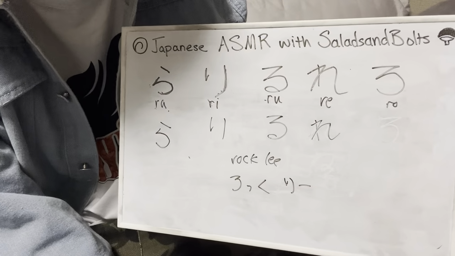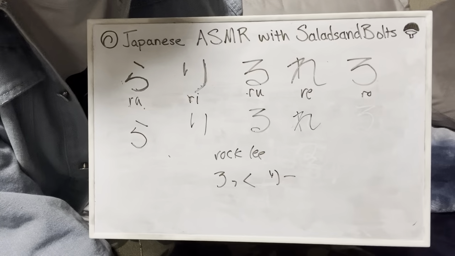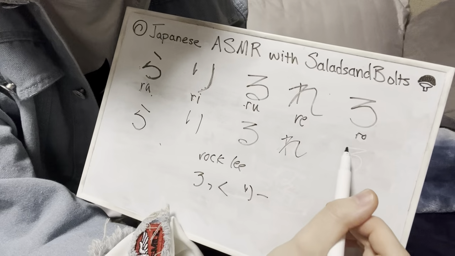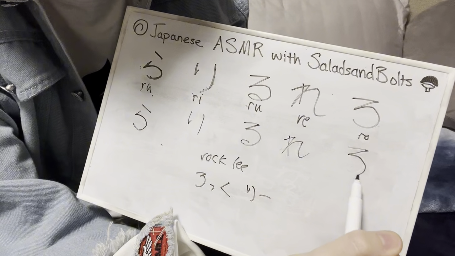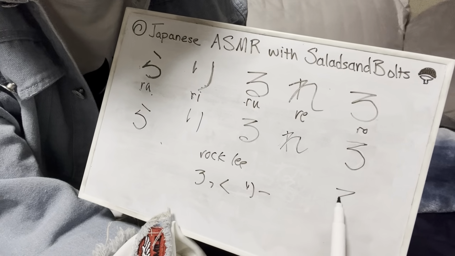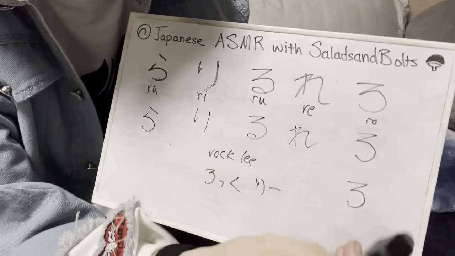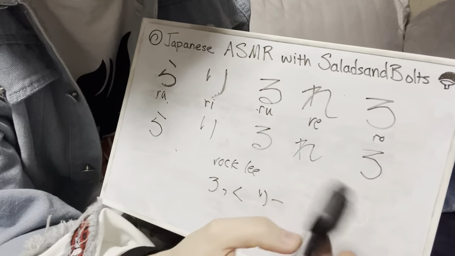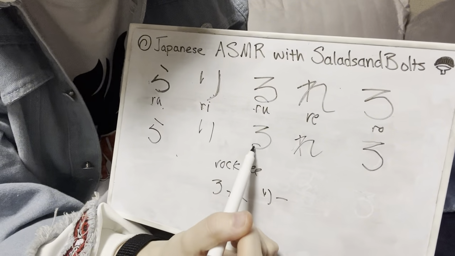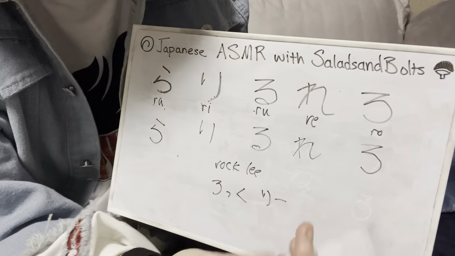But you need to write this in katakana if you're actually going to write his name. Either way, the way you write this is literally like the number 3, except it's got a flat top and a curved bottom. The difference between ro and ru is ru has this little curve and ro does not.